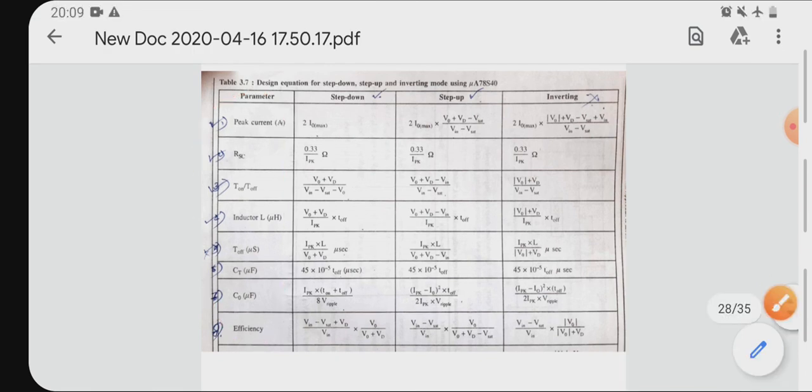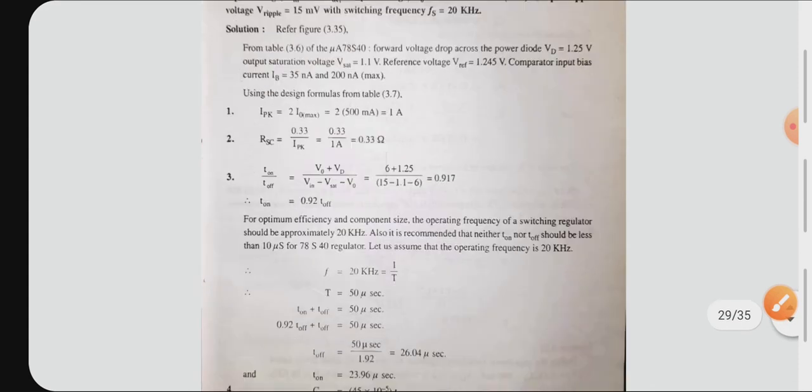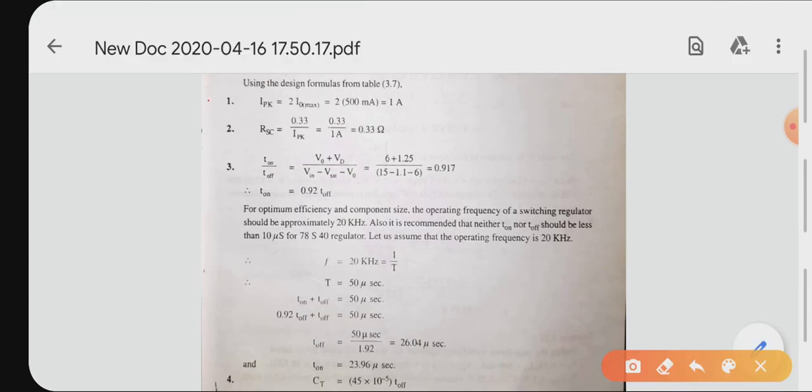Okay, here first point, IPK, peak current, it is equal to, for step down SMPS, twice of IO max, so you will get its value as 1 ampere. Second, RSC, keep the formula, you will get the value. Third, T on by T off, keep the formula from table, you will get the value.